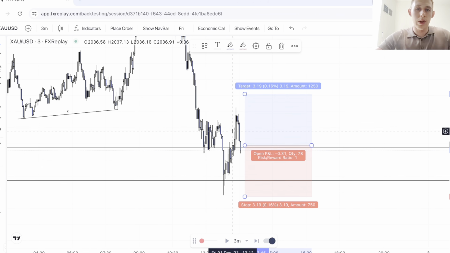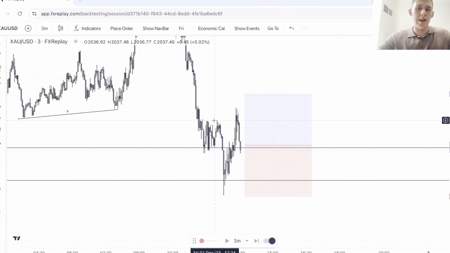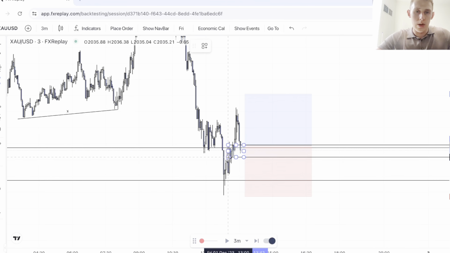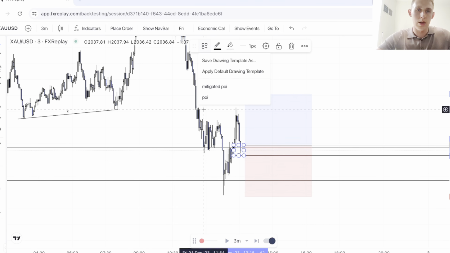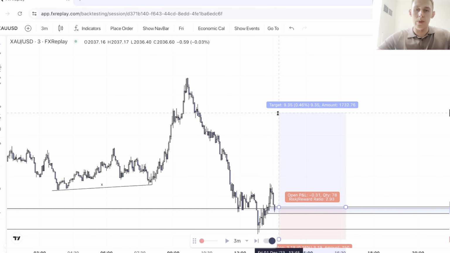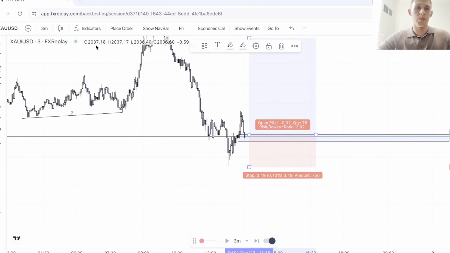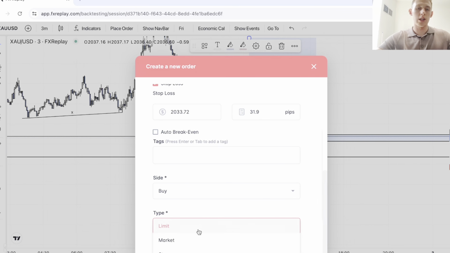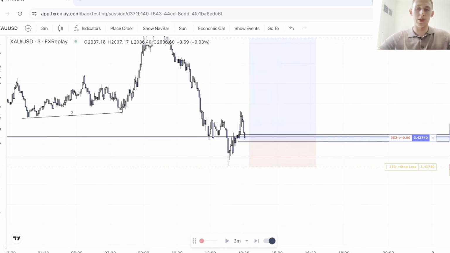Stops below this low. The reason I'm entering here is we had that break of structure. Price came into this area of demand, which I'll mark in blue. And once again, 1 to 3 target all the way up here. Market execute on this because we played it too fast again.